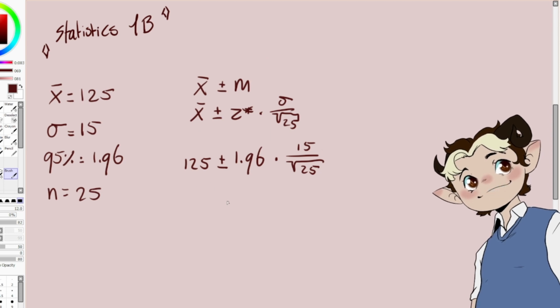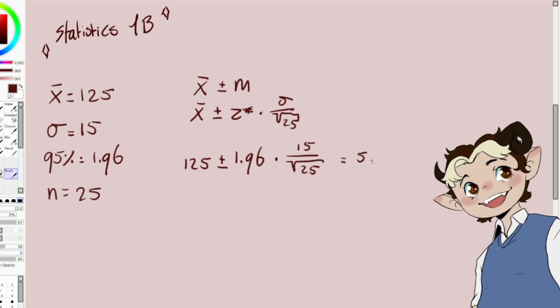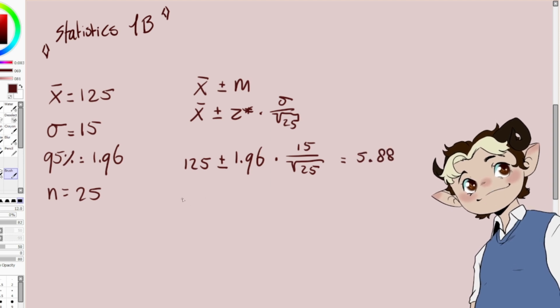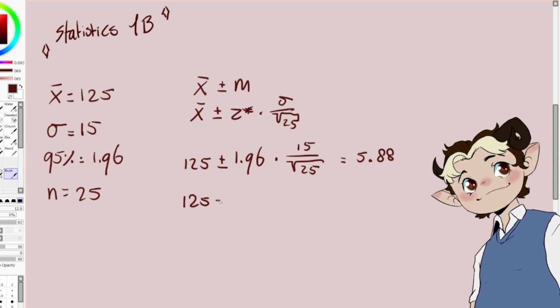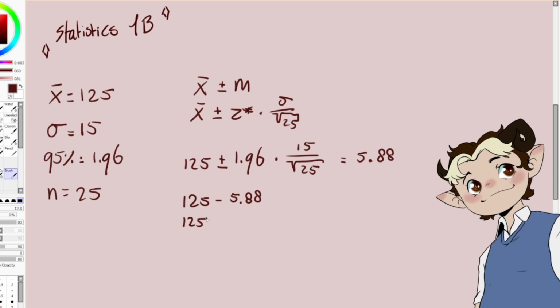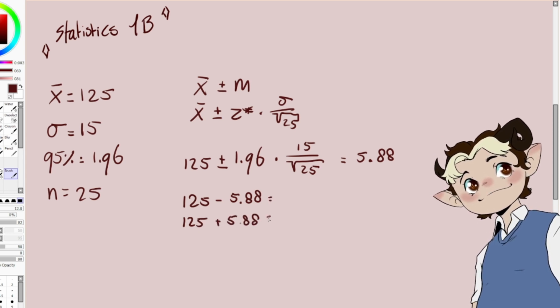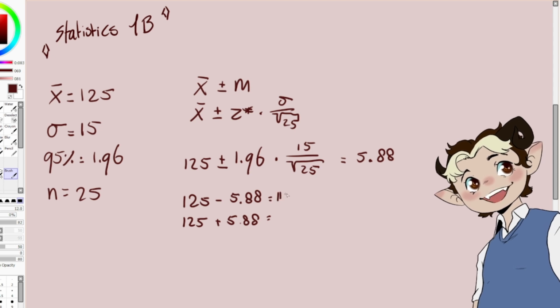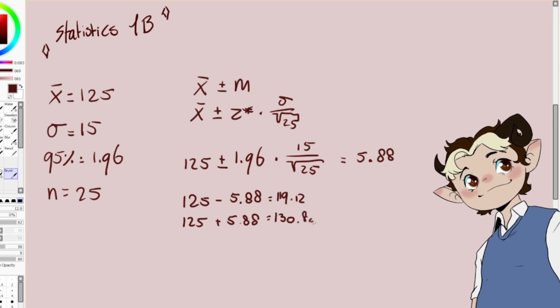There we go. Then we're going to calculate that, and we see that this ends up being 5.88. Well, we grab our mean, minus 5.88, and plus 5.88, which would give us 119.12 and 130.88.